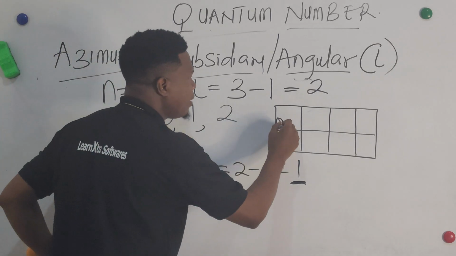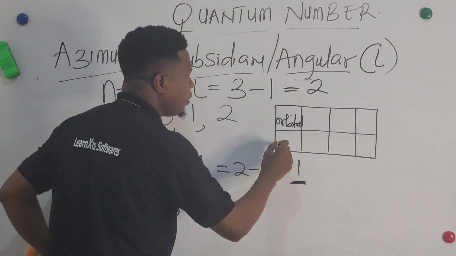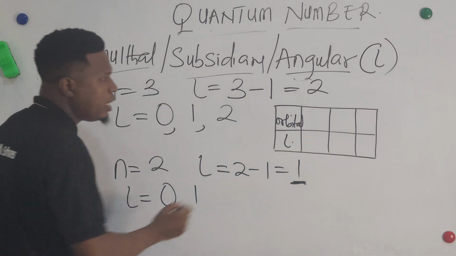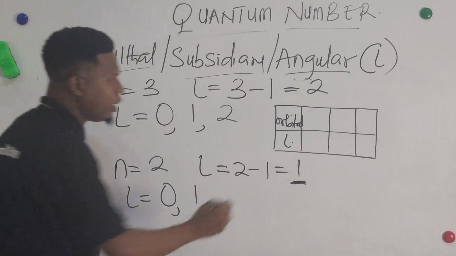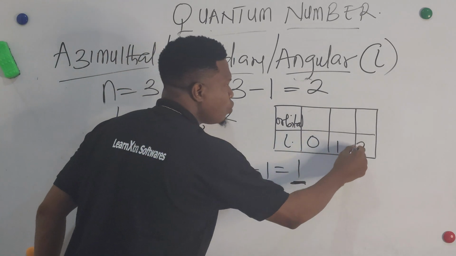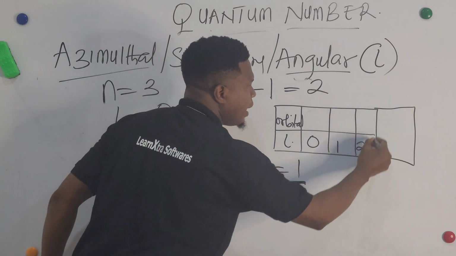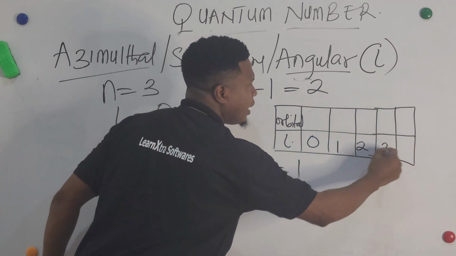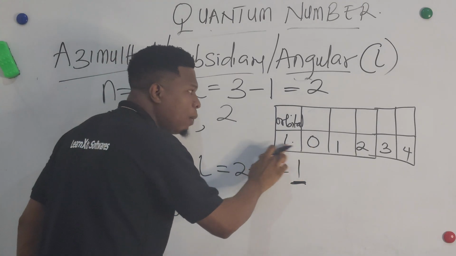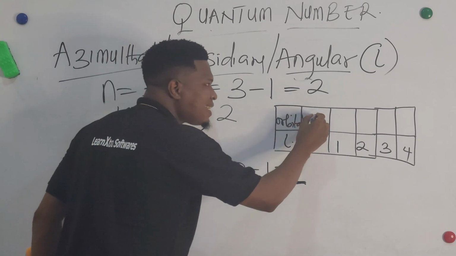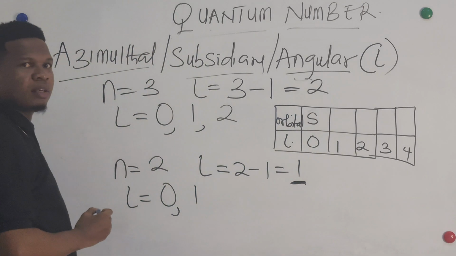So we have the orbitals here and the azimuthal values here. The value starts from 0, so we have 0, 1, 2, and we can go further to get 3 and 4. If the azimuthal quantum number is 0, we assign the s orbital to it.